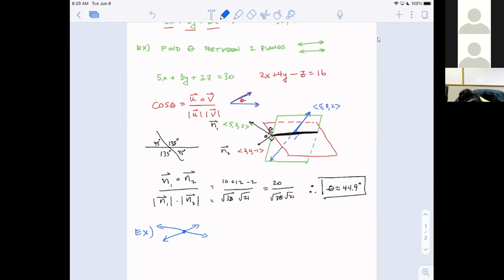But if we intersect two planes, as the drawing above shows, they're not going to intersect in a point. They're going to intersect in a line. So the black line that I drew up above. Let's see if we can figure that out. What would that equation be?